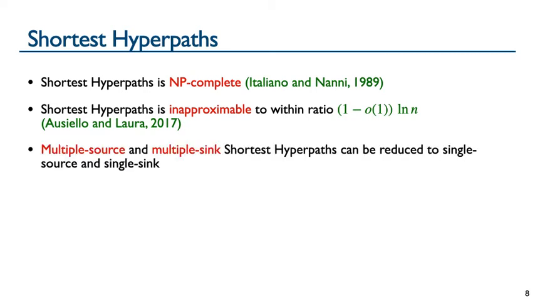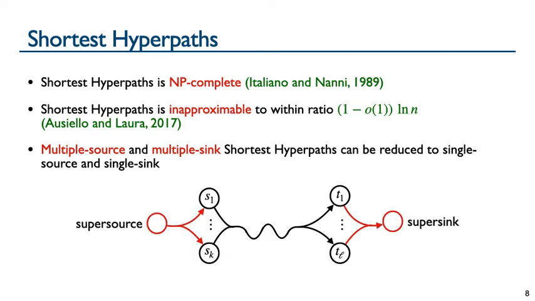Our definition of shortest hyperpaths, which contains only a single source and a single sink, is also general, as the multiple source, multiple sink problem can be reduced to the single source, single sink problem in the following way. Given a set of source vertices, which we label with S1 through Sk, we can create a supersource which is connected to the sources by one hyperedge.